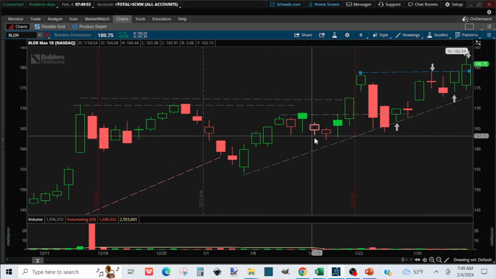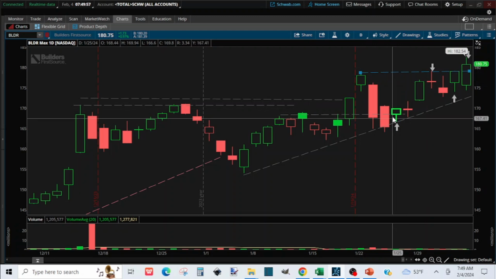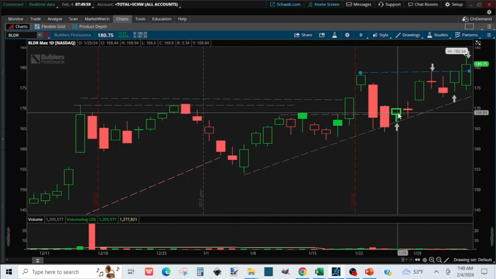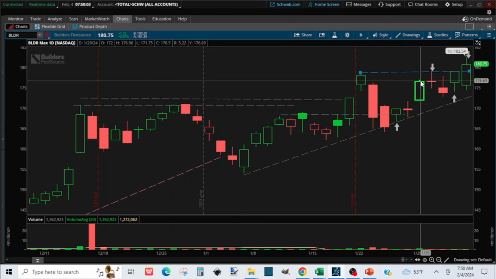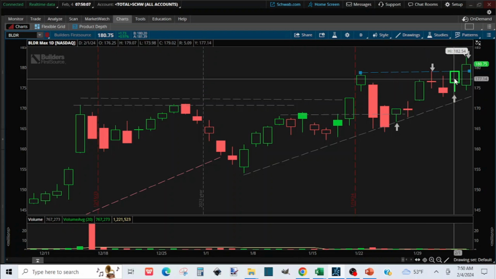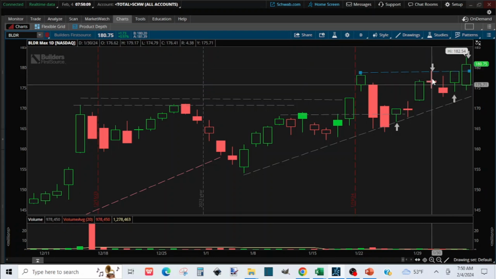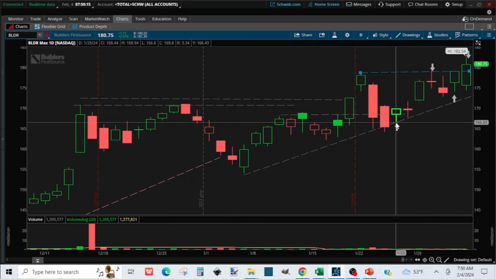On this one, I just felt it was good for me to lock it in because when I bought it, it pulled right back the next day, and then went back up the following day and pulled back again for 2 days. So I was able to sell it when it pulled back at a higher price, and I sold it for a profit compared to where I bought it.